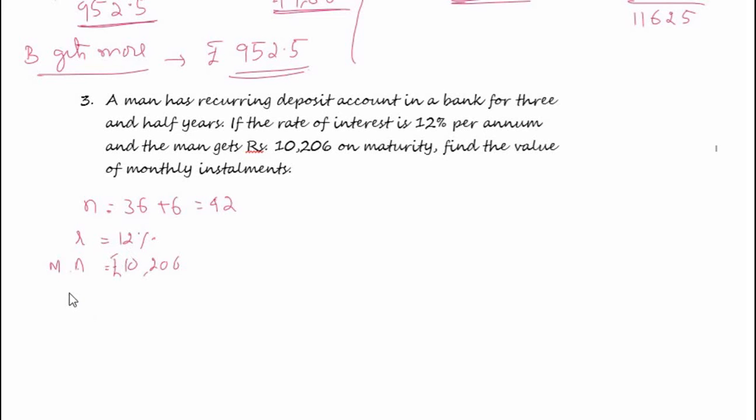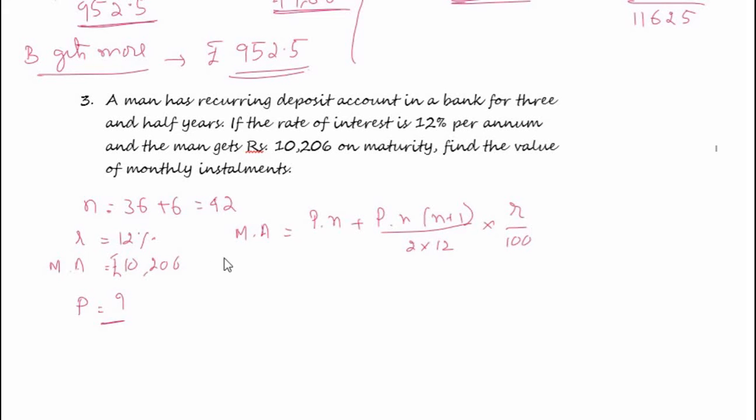You need to find out P. What is the formula for maturity amount? MA equal to P into N plus P into N into N plus 1 divided by 2 into 12 into R by 100.